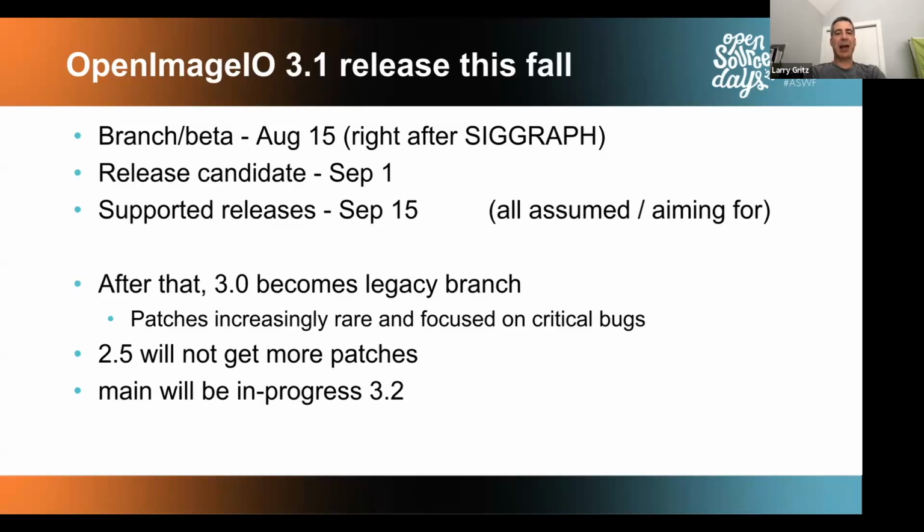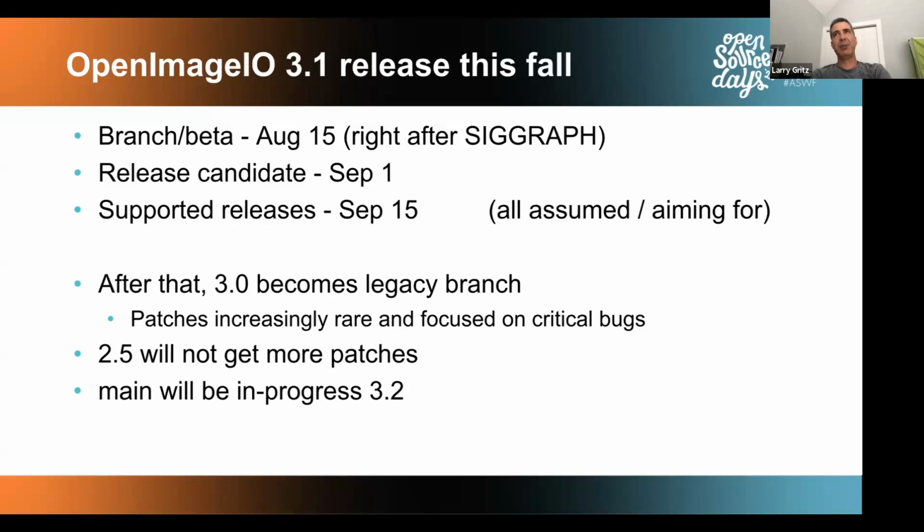Now, after that happens on September 15th, that would make 3.1 the fully supported release family, and from that point on we'll get monthly updates with whatever fixes we come up with, including new features that can be safely backported. The 3.0, which today is the supported release, will become the legacy branch.